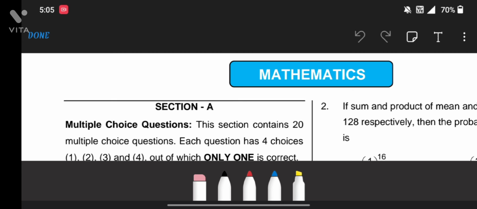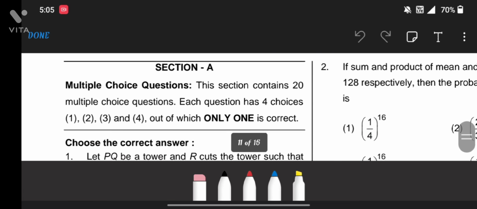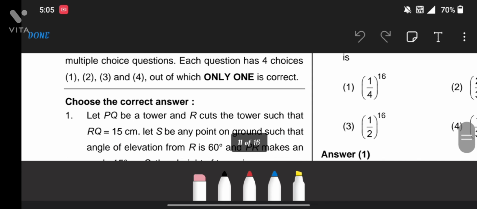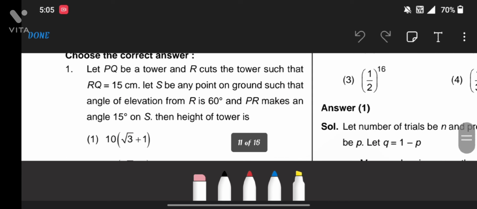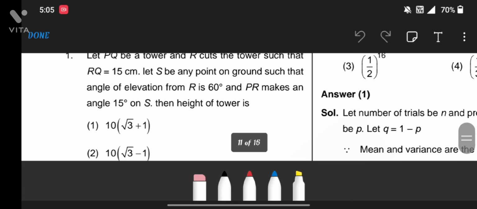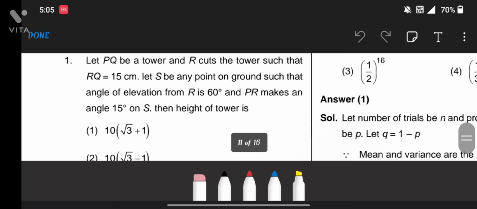If we see the question, they have asked: let PQ be a tower and R cuts the tower such that RQ is equal to 15 centimeter.